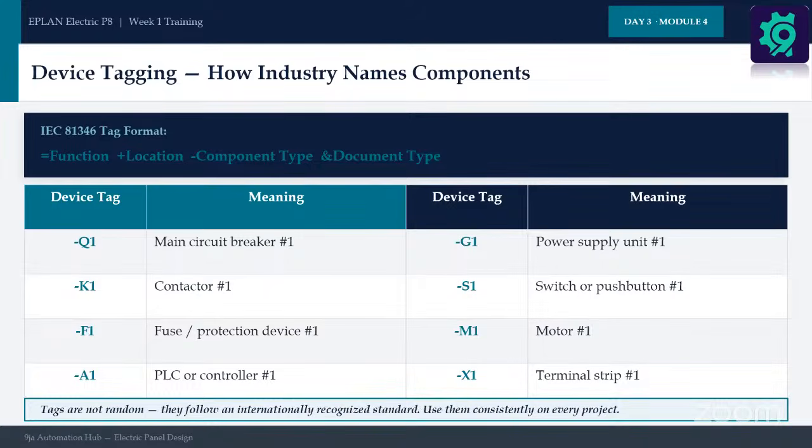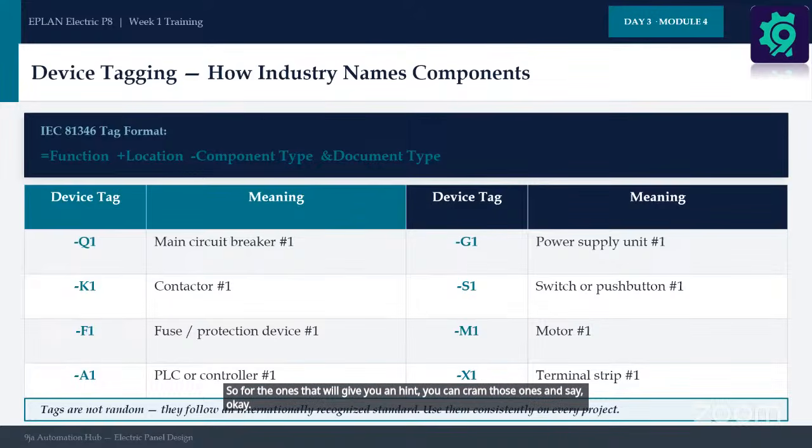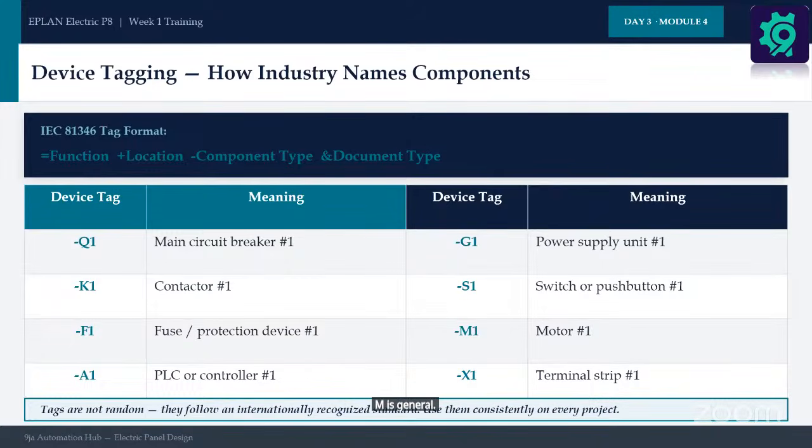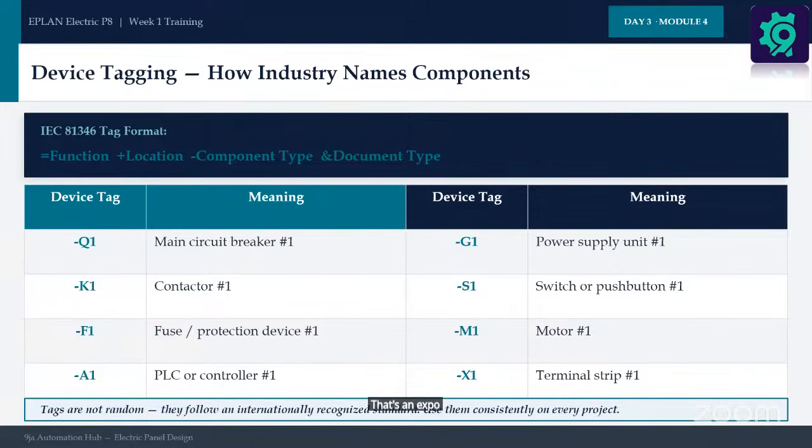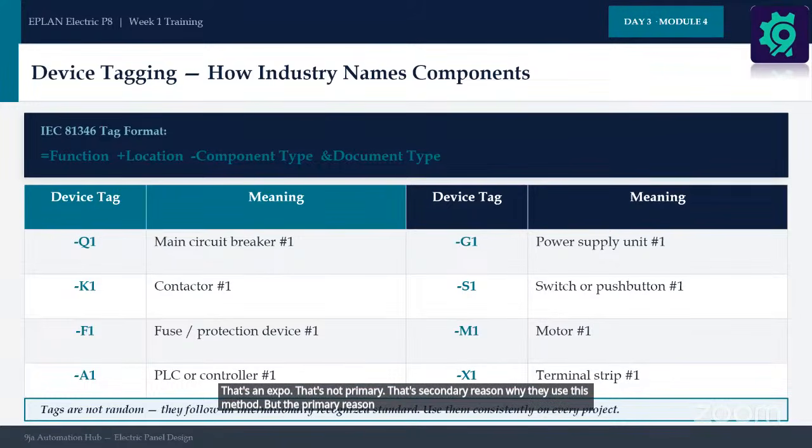For the ones that will give you a hint, you can cram those ones, like fuse protection devices. M is for motor. While they were doing the standard, they were like, let's put some letters that will make people remember. That's a secondary reason why they use those letters. The primary reason is we have a class M. And what is class M for?